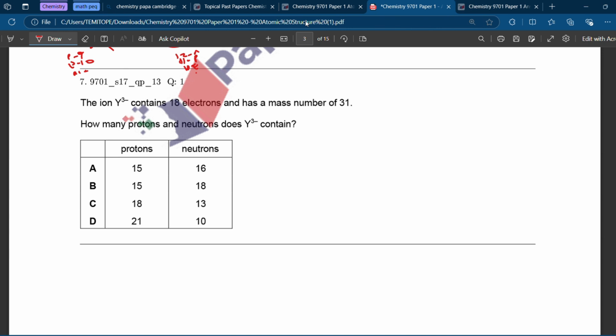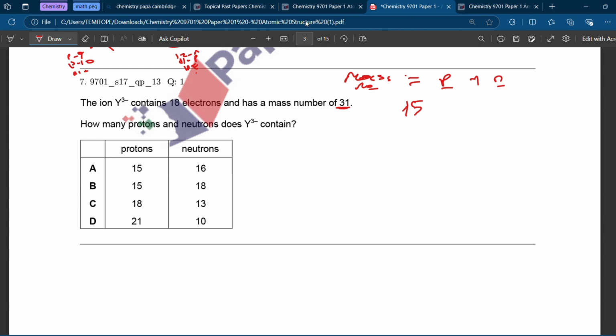So now next question. The ion Y3 minus contains 18 electrons and has a mass number of 31. How many protons and neutrons does it contain? So it has 18 electrons that have gained already 3 minus.